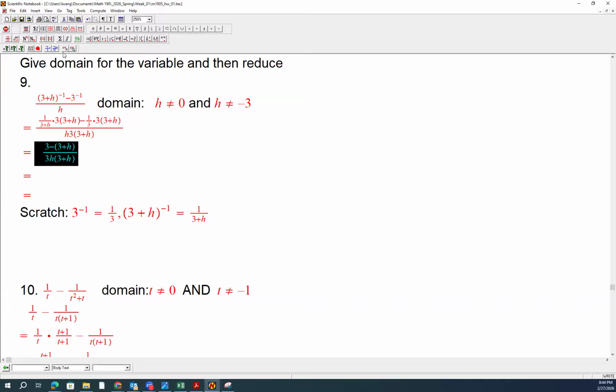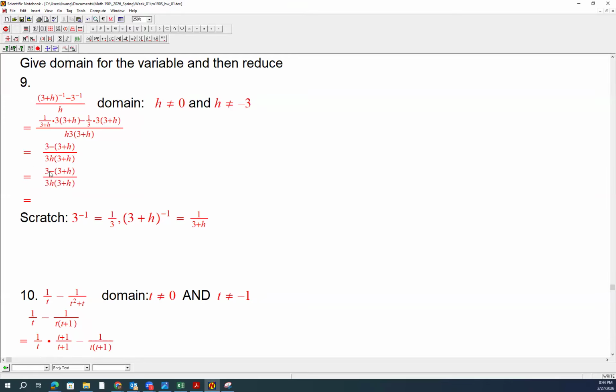we are going to distribute the negative sign in the numerator, which is this negative sign. So the negative sign is distributed to 3 and the negative sign distributed to h. So we're going to get -3 minus h. And 3 minus 3 is 0.